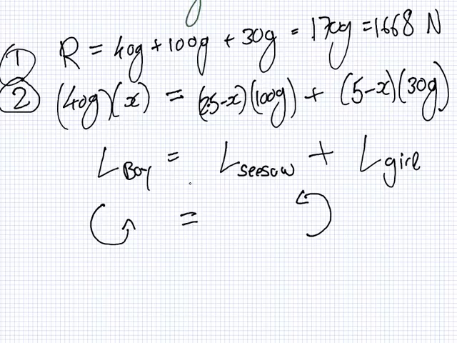So now you have 2 equations and 2 variables, the reaction and x. I don't care about the reaction, but I know it, so I just need to find the x. So that's okay.